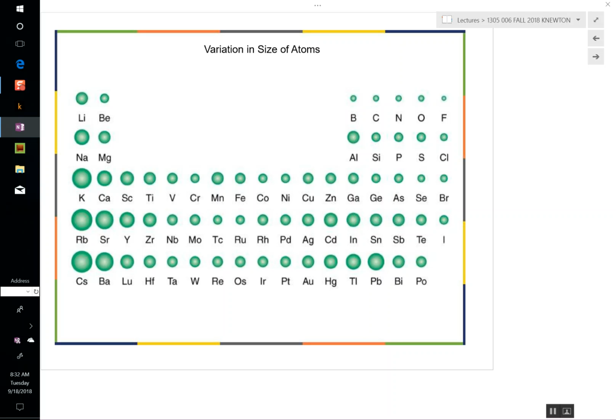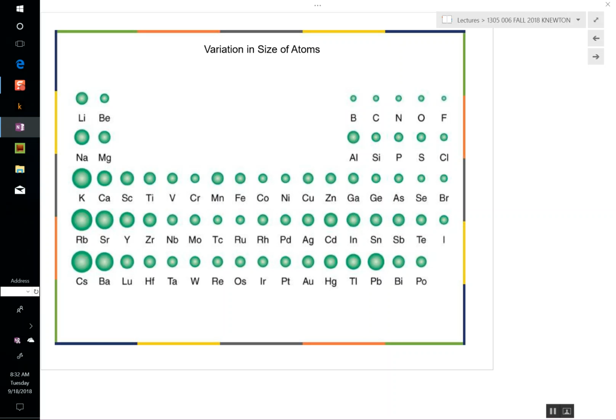Okay, there's an explanation for this. I'm not sure I'm going to go into it. Newton may drive you into a homework assignment that explains. It has to do with the shielding of electrons shielding the nucleus.